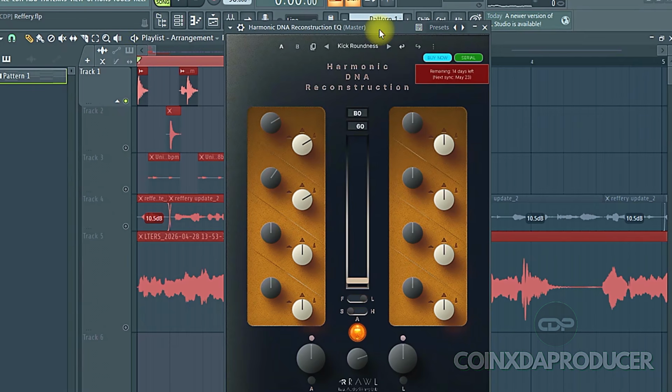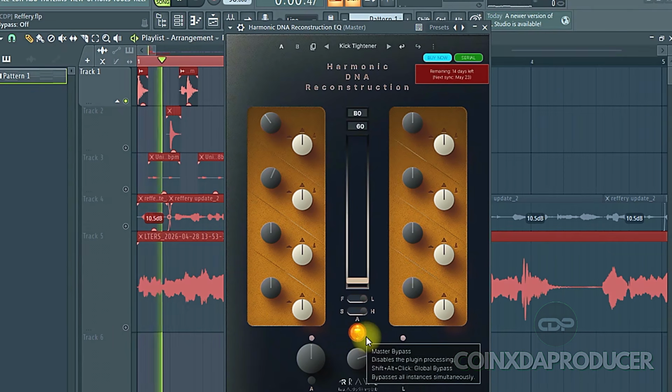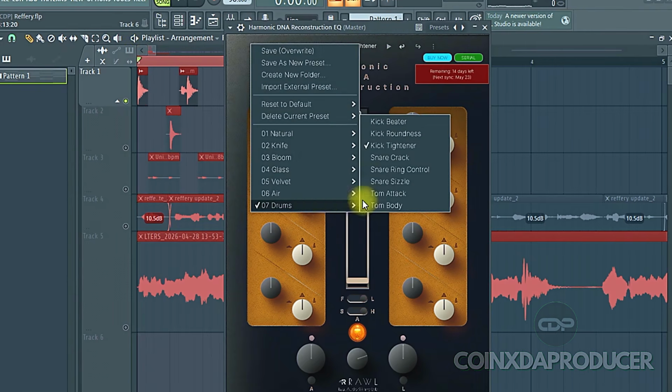You can clearly hear this plugin pushing out those important fundamental frequencies of this kick, enhancing it with the help of the harmonics. Alright, for me, for kick, I think this one works best. This preset is called Kick Roundness.